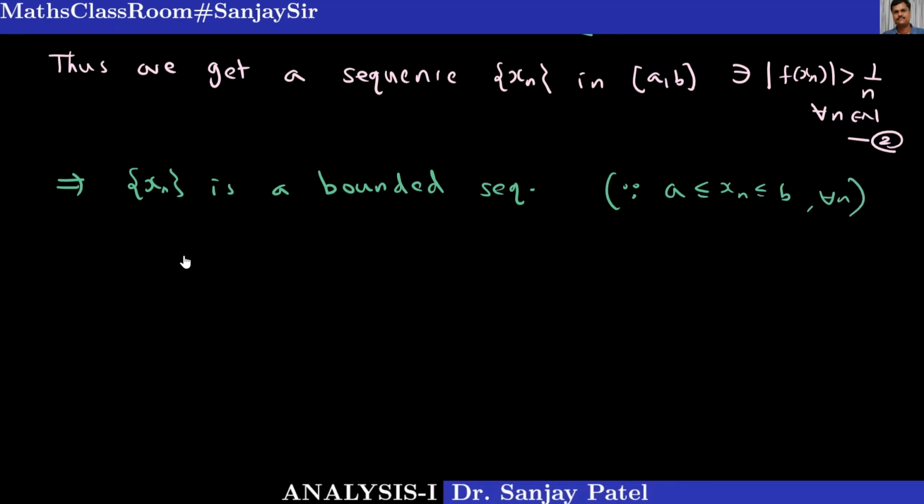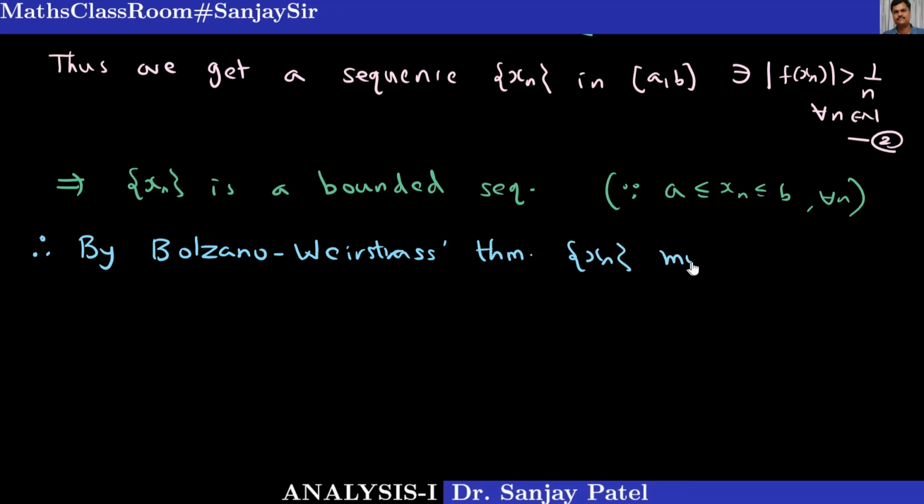And whenever we have a bounded sequence of real numbers, we can apply the very important result of analysis known as the Bolzano-Weierstrass theorem. Therefore, by the Bolzano-Weierstrass theorem, the sequence xn must have a convergent subsequence.